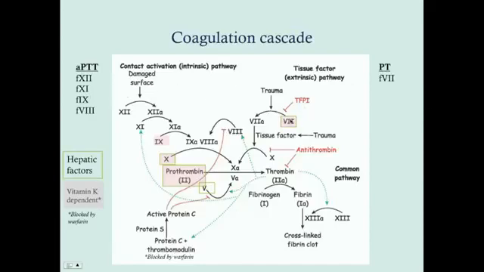Why both? Because a loss of factor 7 is going to elevate your PT, and with factors 10, 2, and 5, those are all going to elevate your PTT. So that's why when you have a patient who's got cirrhosis, usually you'll see elevation of the PTT and the PT.